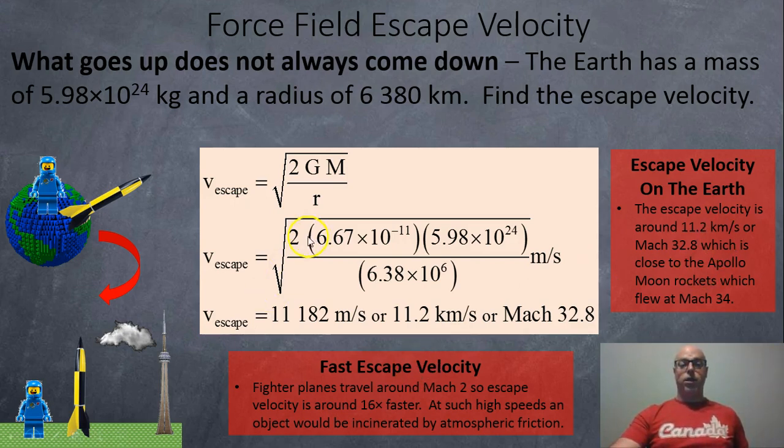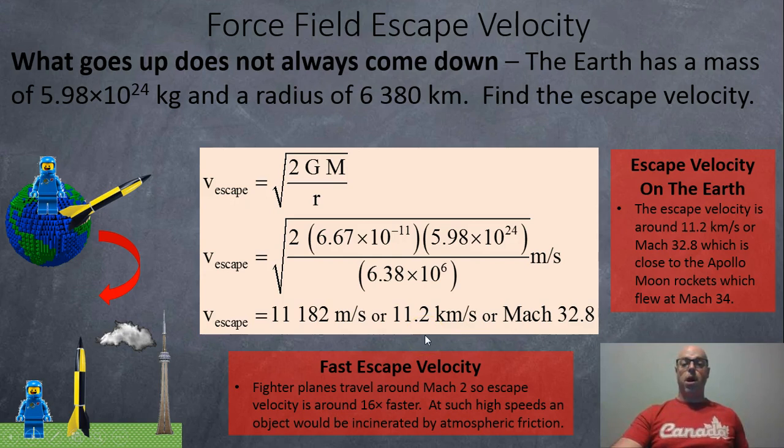So we have 2 times 6.67 times 10 to the negative 11 for the universal constant of gravity, times 5.98 times 10 to the 24, that's how many kilograms the Earth has for a mass, divided by 6.38 times 10 to the 6 meters, which is the radius of the Earth, and we get an escape velocity of 11,182 meters per second, or approximately 11.2 kilometers per second.